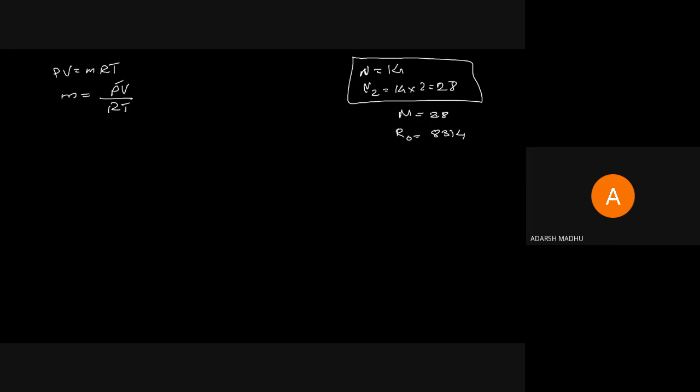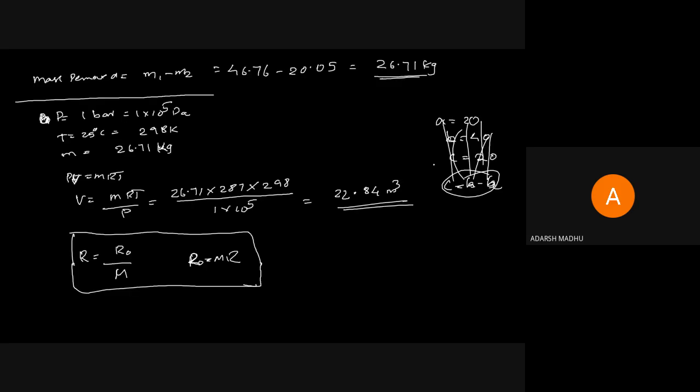It is a known value, and the R naught value, the universal gas constant, is 8314. It is also a known value. So by the relation, R equal to R naught by M. As I said in the last class, it is a very important equation.